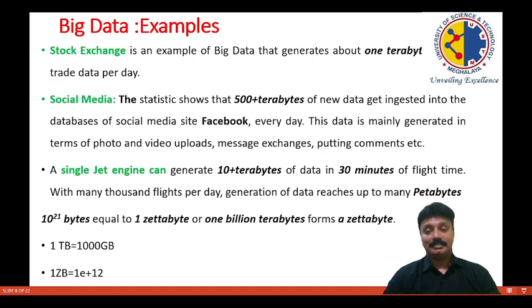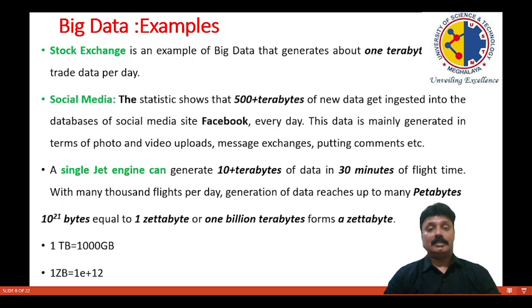If a flight is flying from one place to another location, the location of the flight will be monitored and the data will be generated, and the system can store and analyze the data so that the exact location will be traced out.